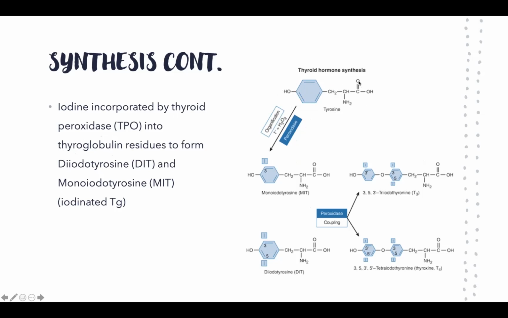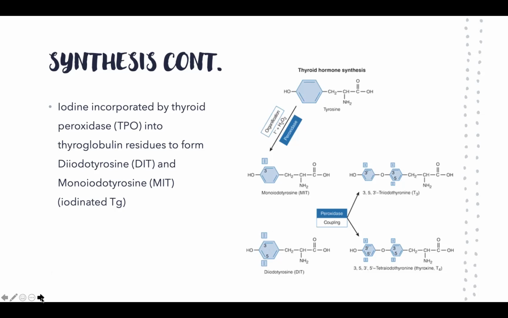So we've got our thyroglobulin, and we're going to incorporate the iodine that we've just trapped. Now there are two things that can happen. There can be one iodine attached to the tyrosine, making monoiodotyrosine, MIT, or there could be two, making diiodotyrosine, DIT. So MIT and DIT. There's one and there's two attached. So perfect.